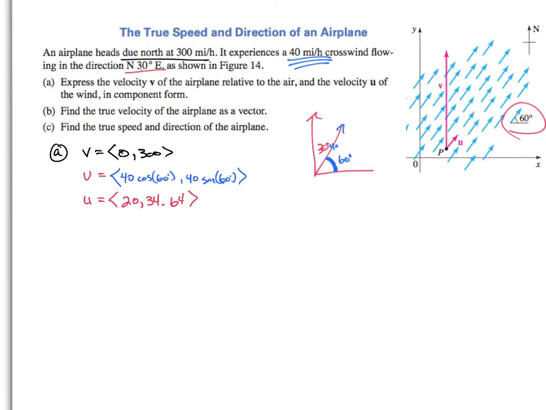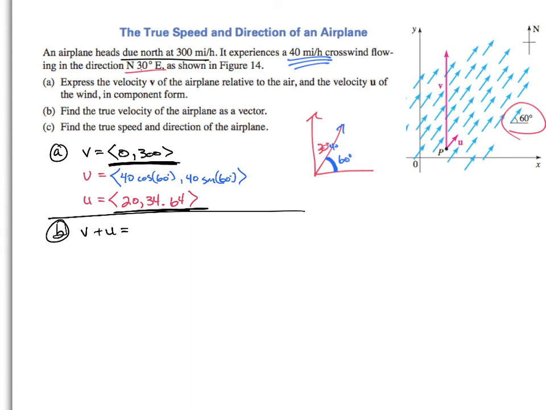All right, let's look at part B. It says find the true velocity of the airplane as a vector. And so what that means is we're just going to add the vector of my airplane plus the vector of my wind. So I'm going to add 0, 300 with 20, 34.64.